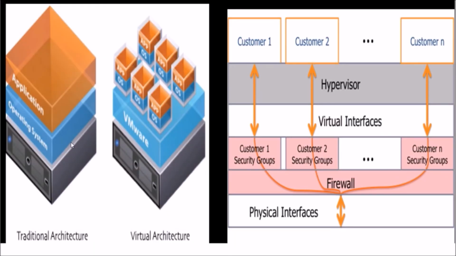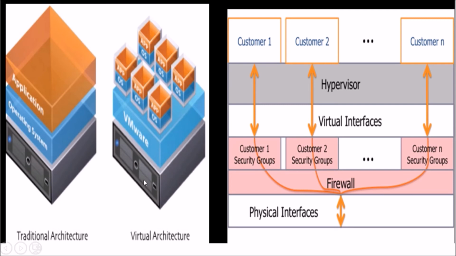Just to give you a visual understanding of virtualization, on the left side of your screen you can see the traditional architecture. In traditional architecture, if we purchase a computer or server, we have a physical device, on top of which we have the operating system, and then the application.